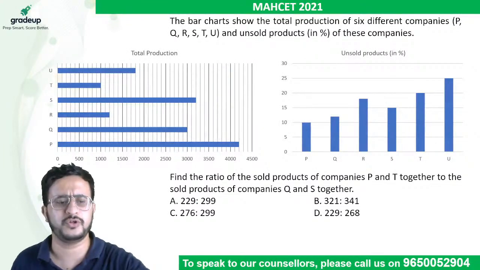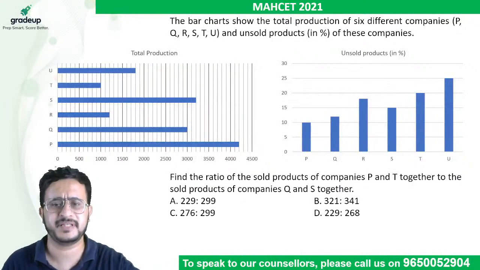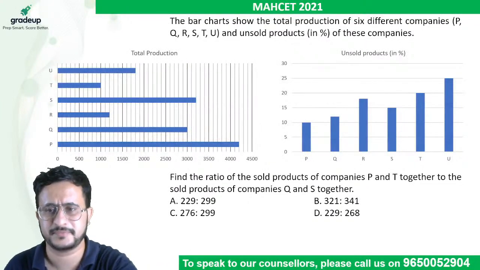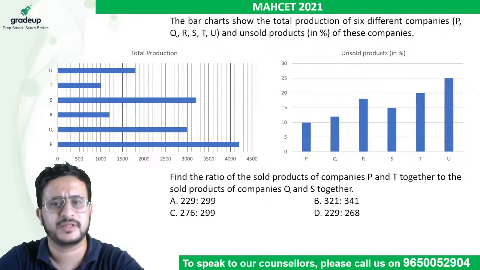Find the ratio of the sold products of companies P and T together to the sold products of companies Q and S together. So you have to find the number of sold products of these four companies, add for two and two, and get the result.